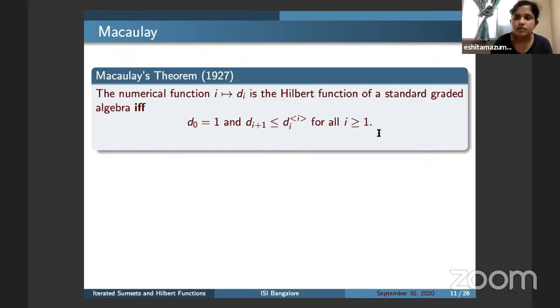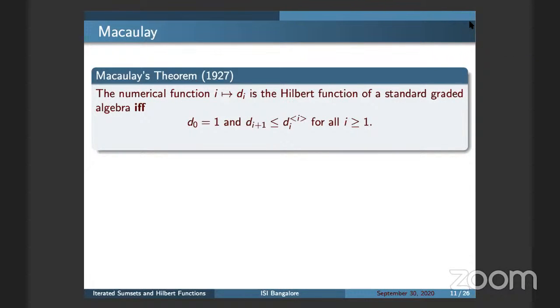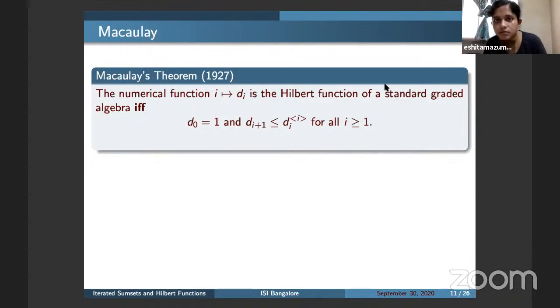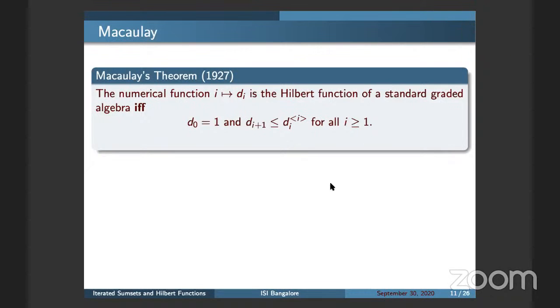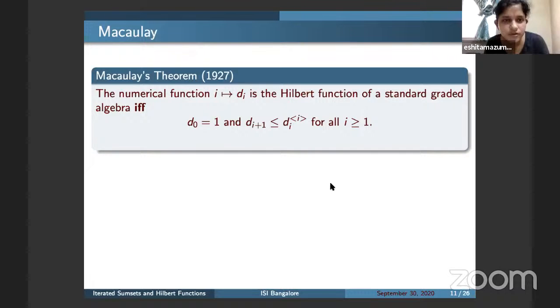Ishita, sorry to interrupt. There is a question in the chat box. How do we calculate these a_i in the binomial representation? That's what the question says. Just a second.